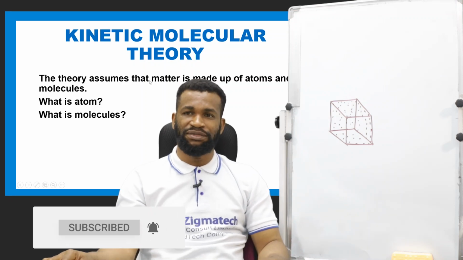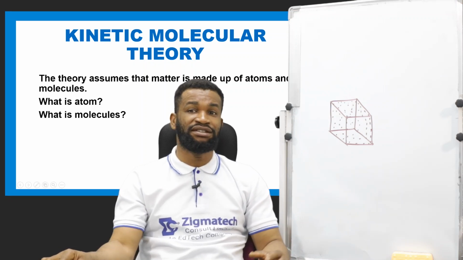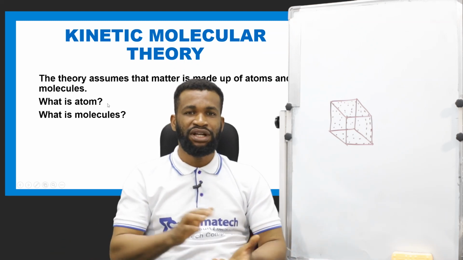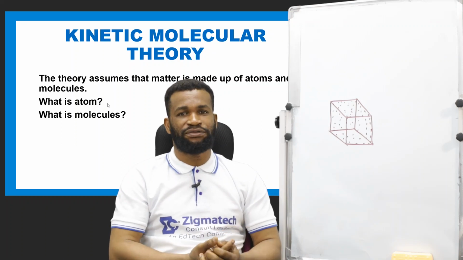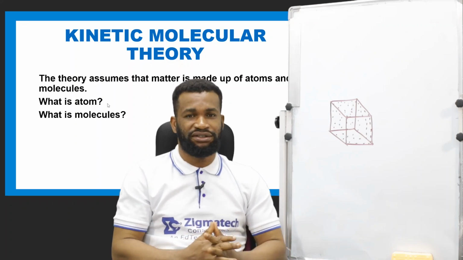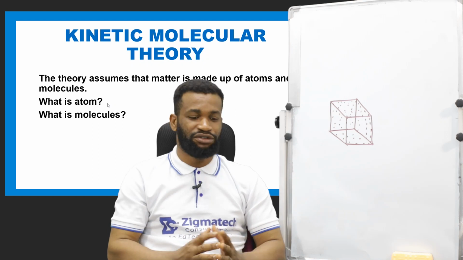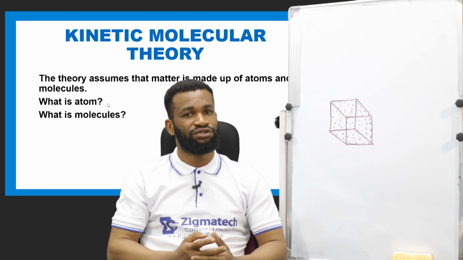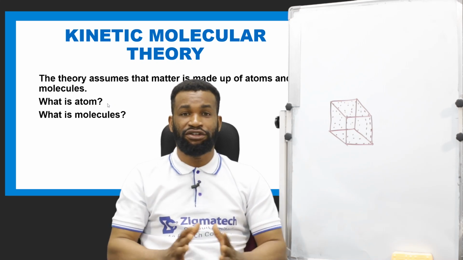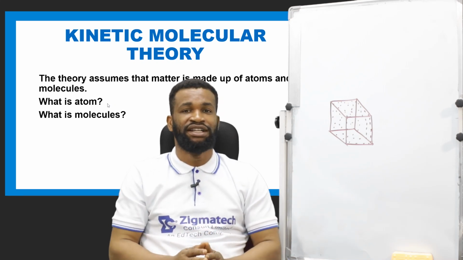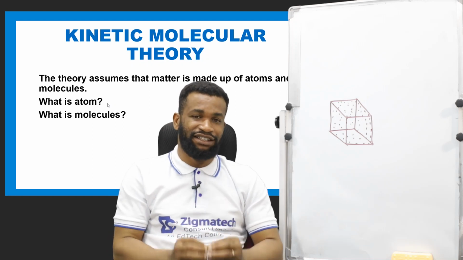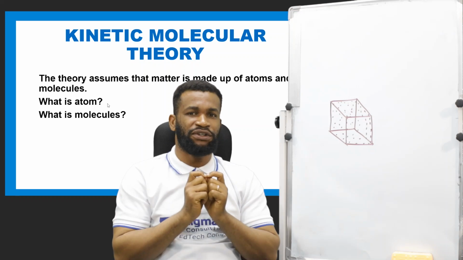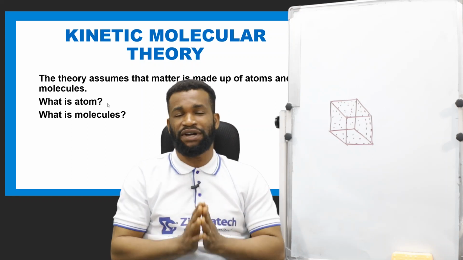Now, the theory assumes that matter is made up of atoms and molecules. The question should be, what is an atom? Remember, the atom was first talked about by Democritus. Democritus was the first man to talk about the atom, but at the time, the concept was not believed when he said that there is an indivisible portion of a substance, a very tiny portion that can never be further divided.